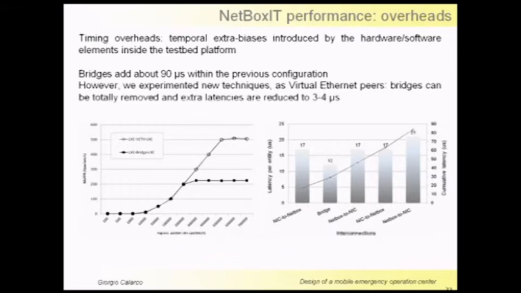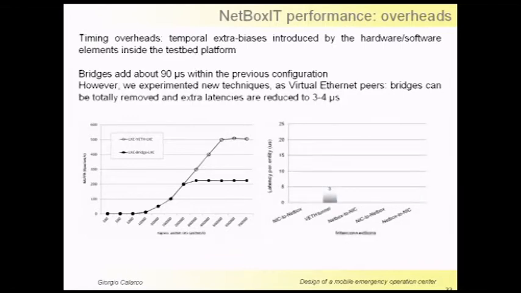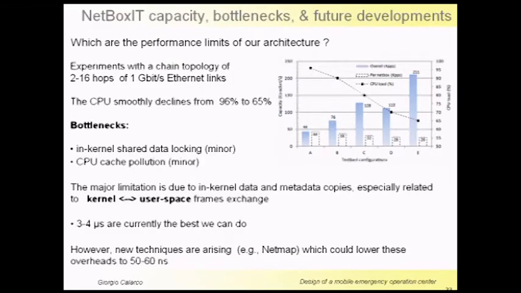So we tried a new technique called virtual Ethernet peers, where bridges can be totally removed and the latencies can be reduced to just 3 or 4 microseconds. And this is a good result, but however, it's not always enough. For instance, it would not be enough if we wanted to emulate a gigabit network. That extra delay would be too high. And so this is mainly the last slide.